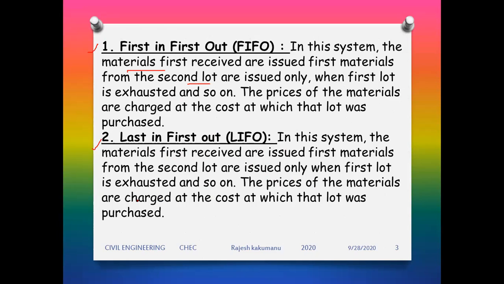The price of the materials is charged at the cost at which the lot was purchased. So last in first out: whatever comes last will go out first. That is nothing but LIFO.